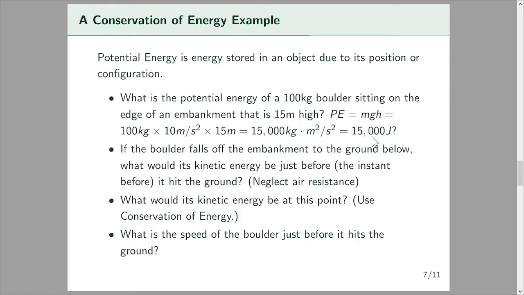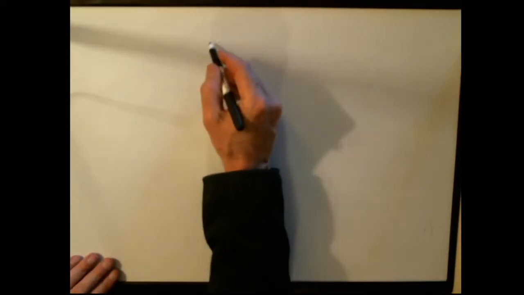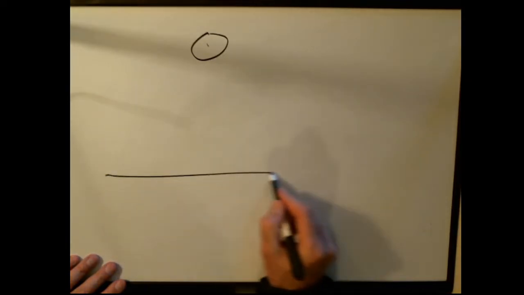If the boulder falls off the embankment to the ground below, what would its kinetic energy be just before it hit the ground? And so we can address this question here. Let's see if I can draw a picture of it. So here's my boulder.